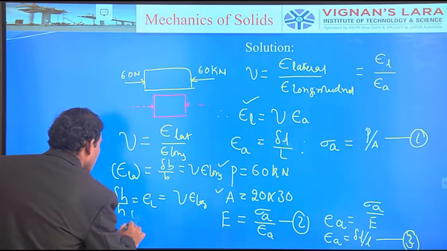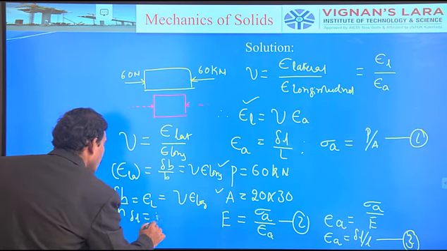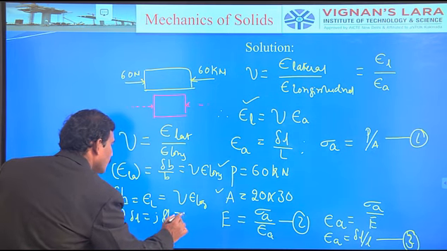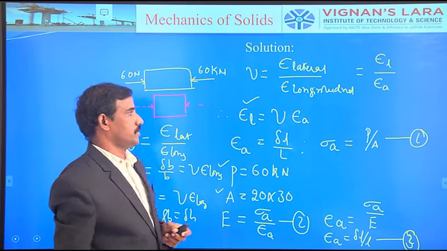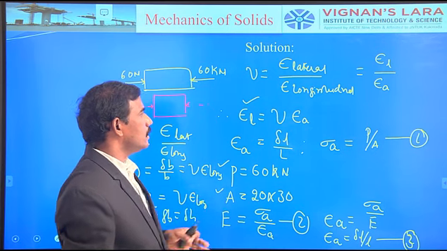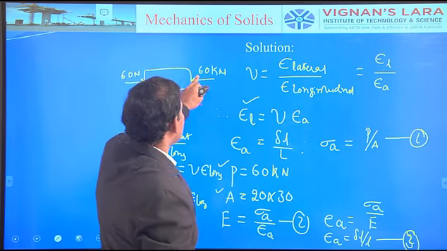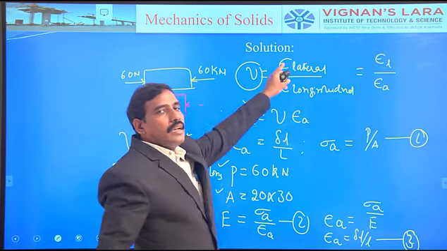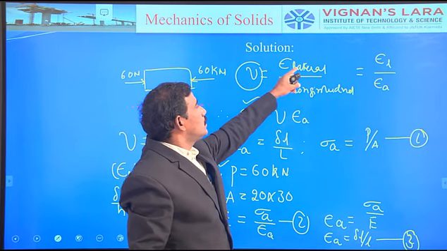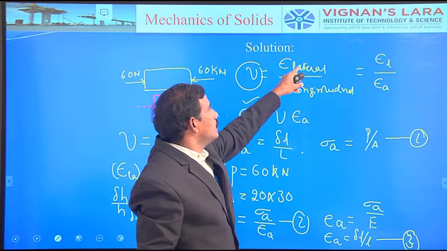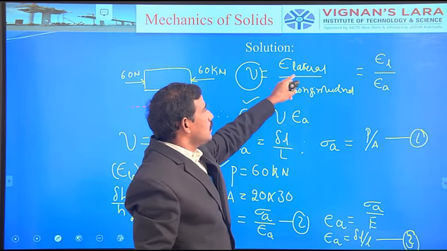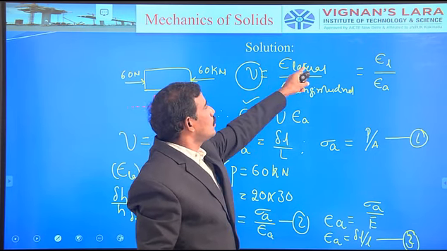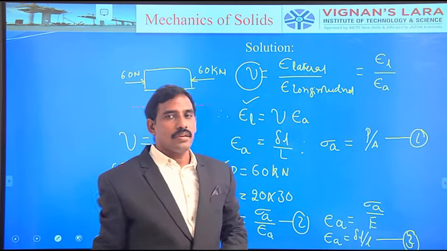From all these equations, you can calculate delta L, delta B and delta H. Here only one thing is to remember: Poisson's ratio, nu, is the relation between the lateral strain and longitudinal strain. It is the ratio of lateral strain to longitudinal strain.